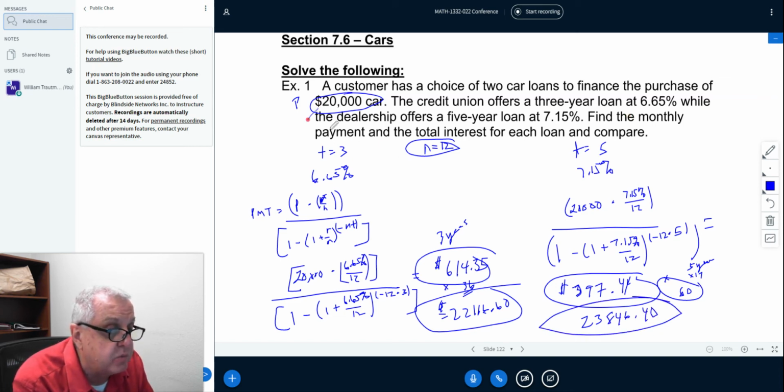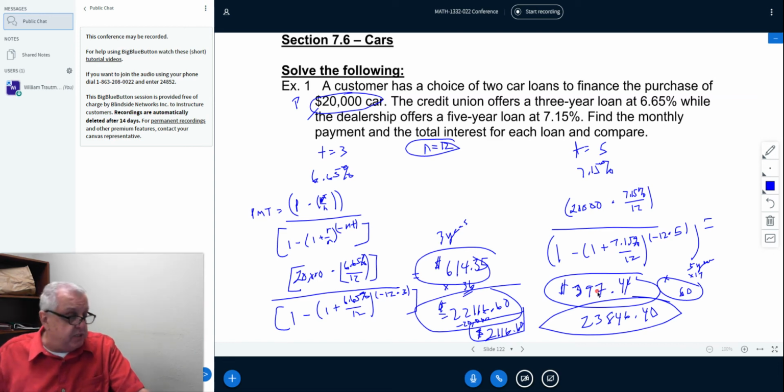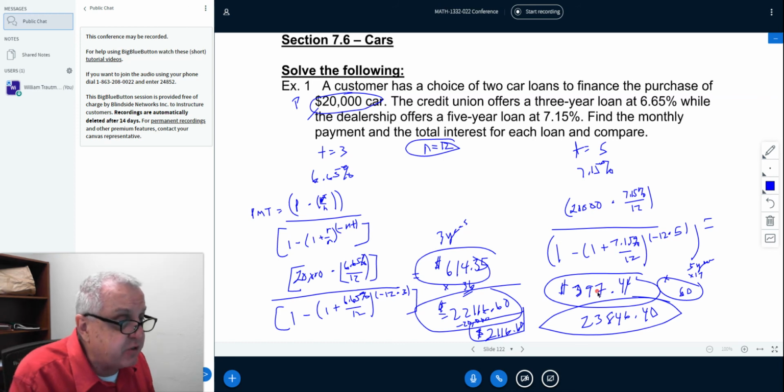Well, if the car loan was $20,000, then if I subtract $20,000 from this, I get $2,116.60. This was the interest I paid, the amount extra from the car loan. The car cost $20,000, but I had to pay $2,116 extra because I borrowed their money.